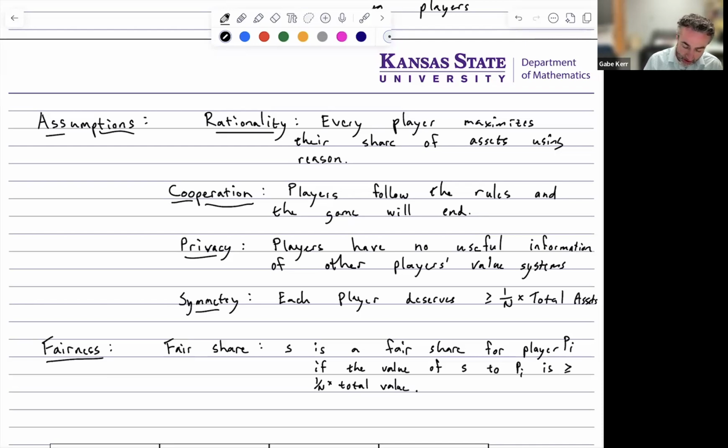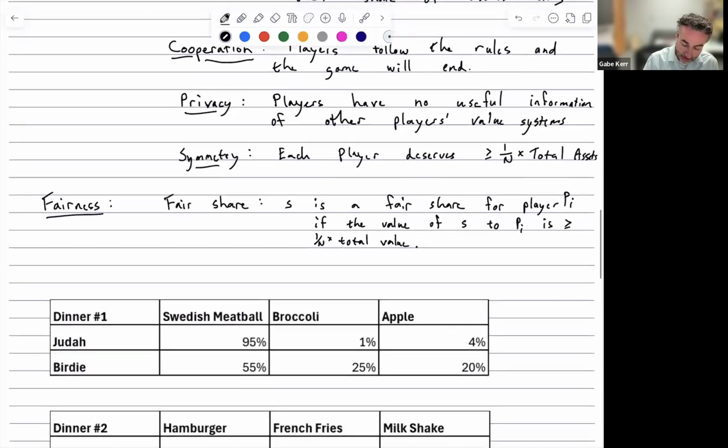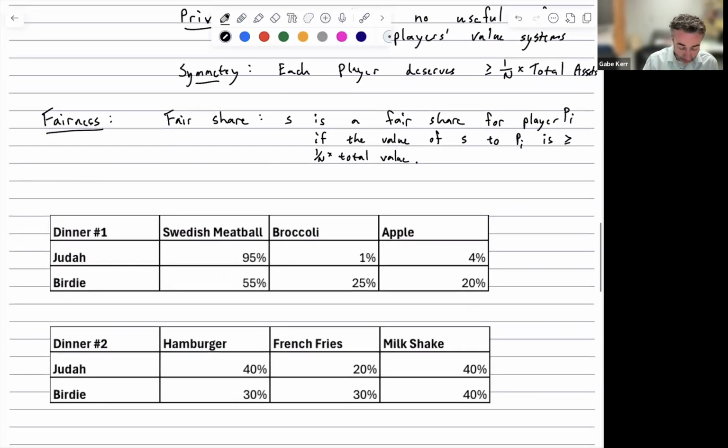Okay, great. So let's take a look at a couple of examples here. I used my children as guinea pigs. My son's name is Judah. My daughter is called Birdie. It's a little bit of a strange example. I made a dinner, and for some reason I just made one Swedish meatball and one piece of broccoli and one apple.